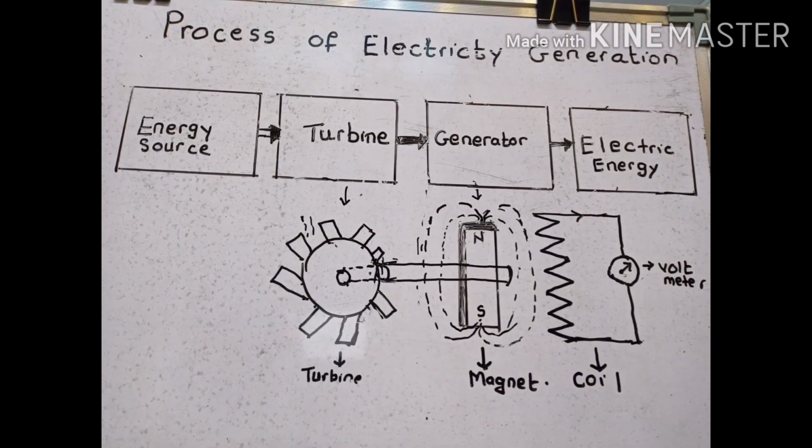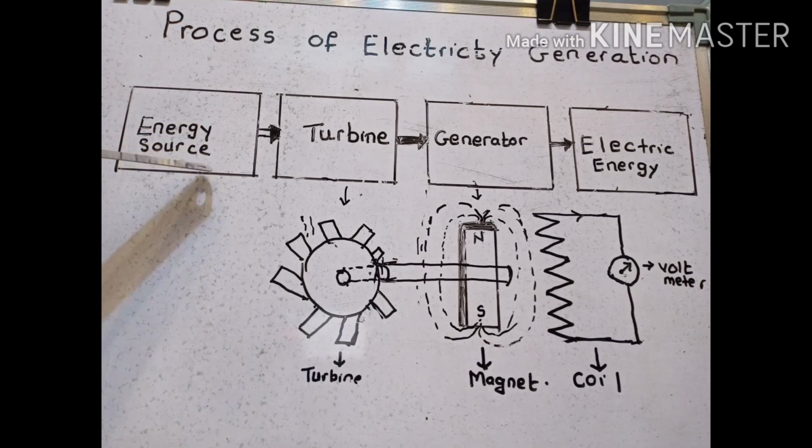So students, in most of the power plants, the process of generating electricity is followed in these steps. First and foremost, you require an energy source. The energy source could be, like in a thermal power plant, coal. In a hydroelectricity power plant, it is the water falling from the dams.